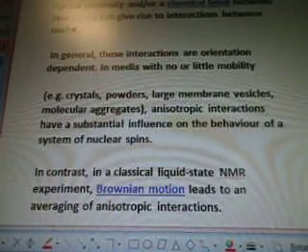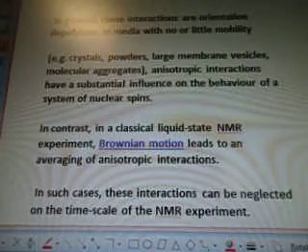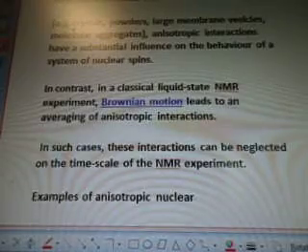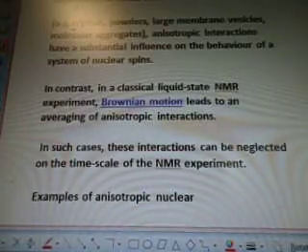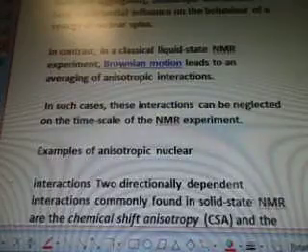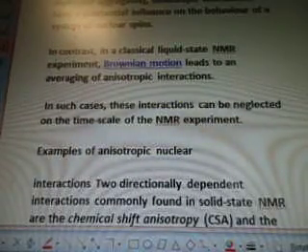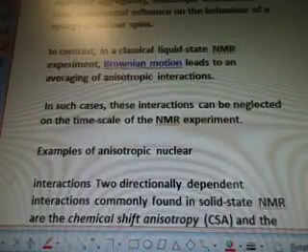Isotropic interactions have a substantial influence on the behavior of a system of nuclear spins. In contrast, in a classical liquid-state NMR experiment, Brownian motion leads to an averaging of anisotropic interactions. In such cases, these interactions can be neglected on the timescale of the NMR experiment.